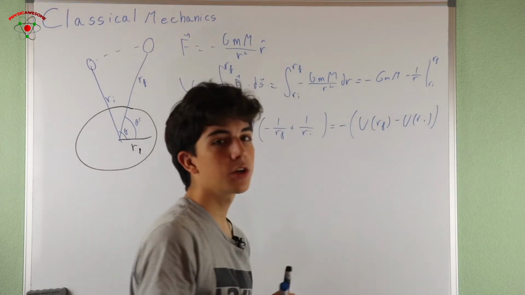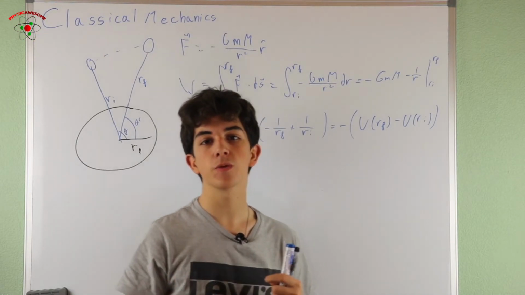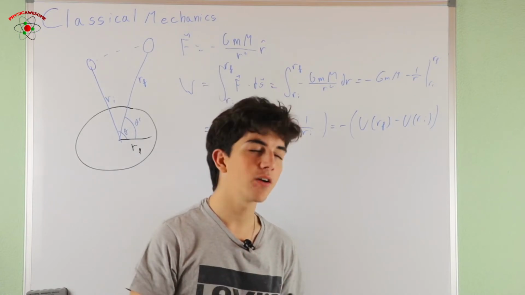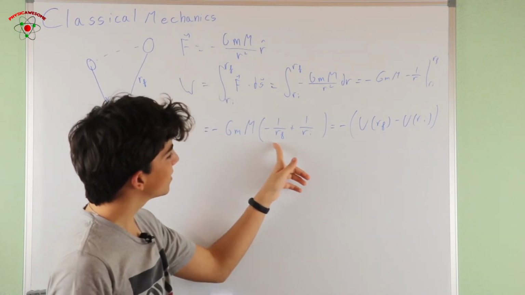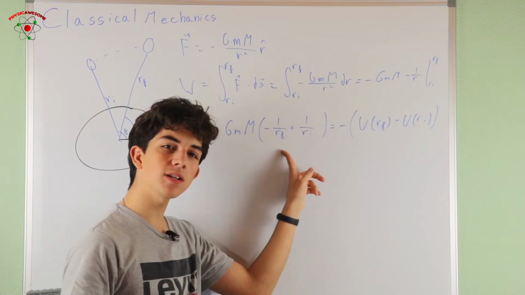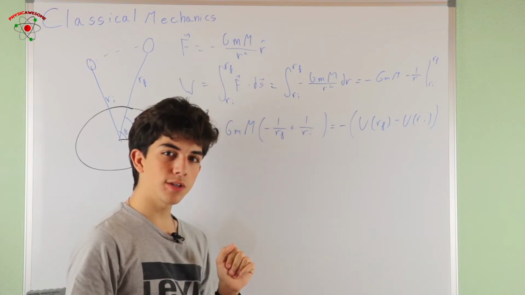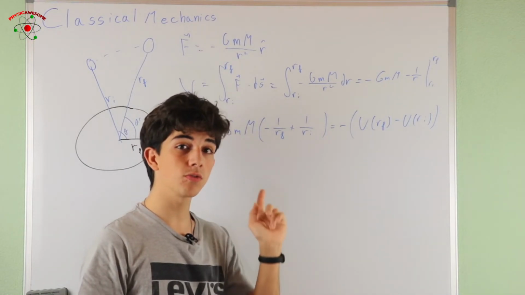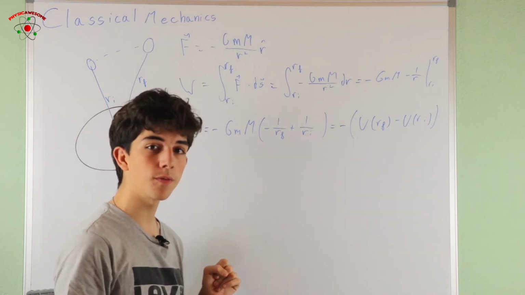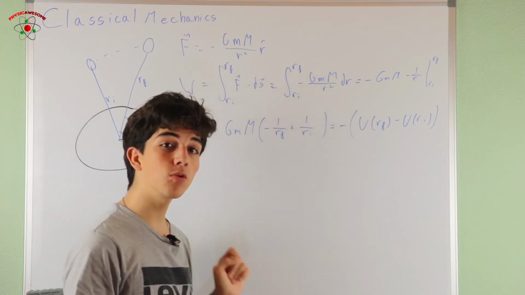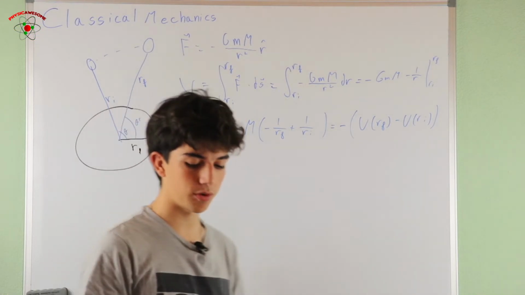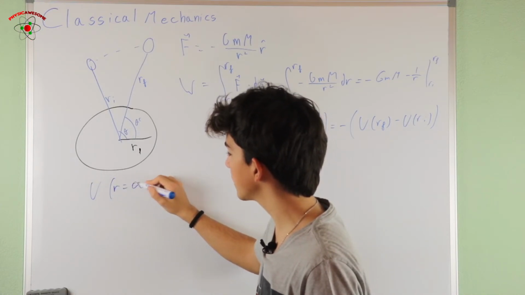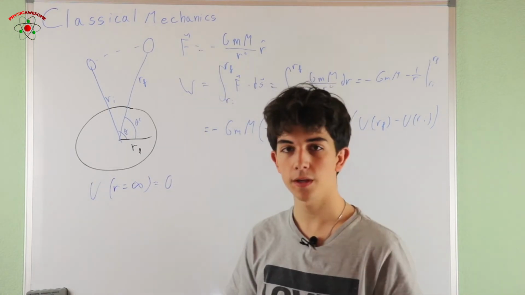Now, once again, we need to choose a point for which potential energy is 0. But now, we see that the radius, the relevant quantity we're considering, is in the denominator. Therefore, instead of choosing r equals 0, we're going to choose r equals infinity as our 0 point. So it will be U of r equals infinity equals 0.